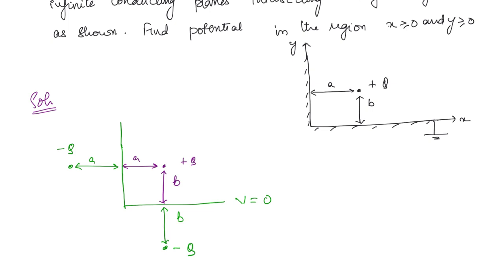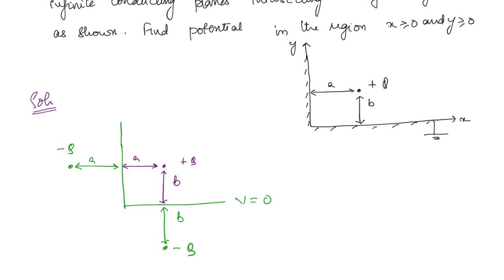But once again you have to draw the images to these charges as well. Only then is it possible to have an equipotential surface here. If you take any point on any of these equipotential surfaces, what should happen? The force should be the same everywhere, then only the potential is 0, equipotential, right?